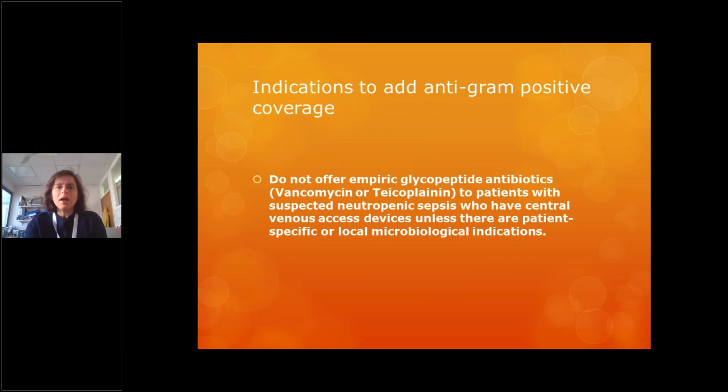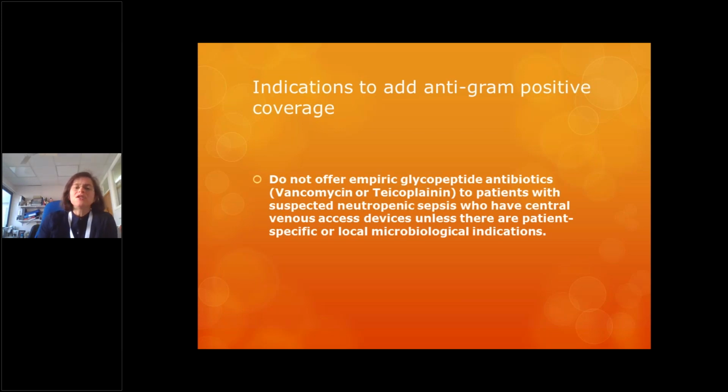The indication for gram positive coverage is probably the most common change that I've seen in a patient who is febrile and does not progress rapidly: the addition of gram positive coverage, either vancomycin or teicoplanin.